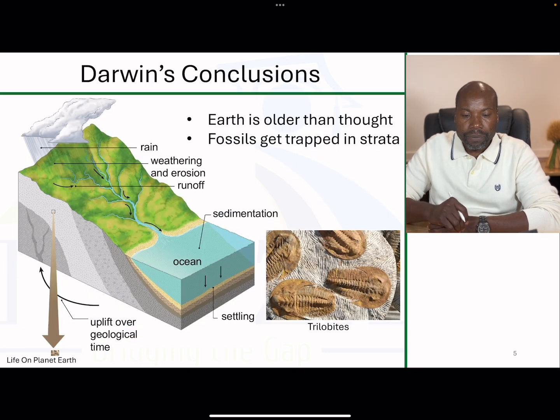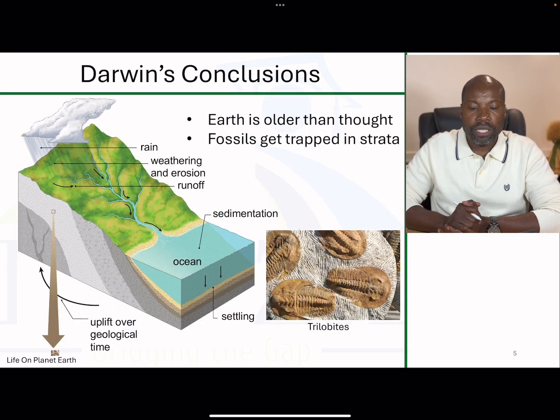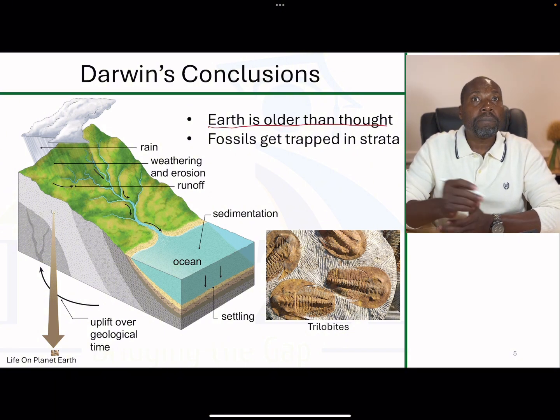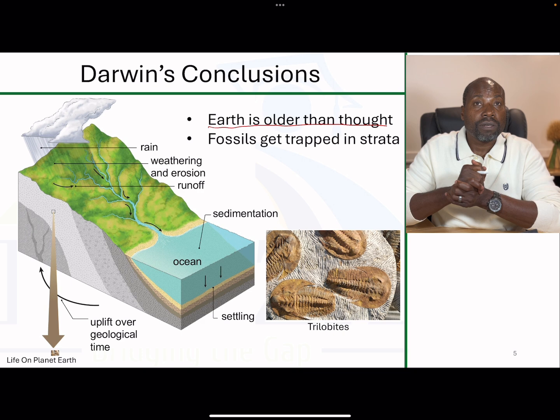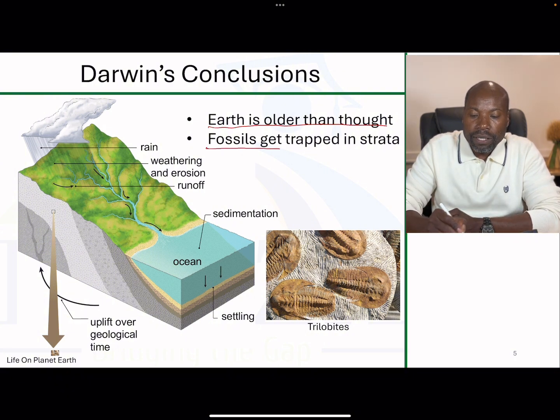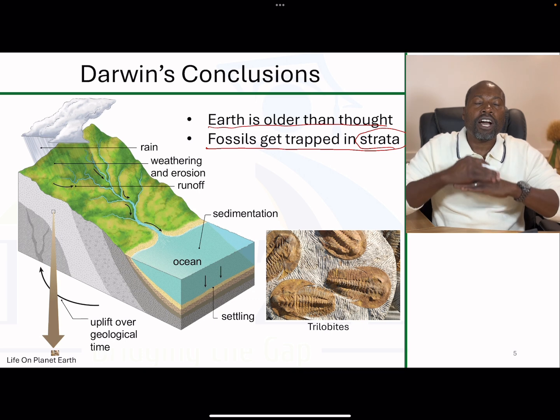All right. So Darwin's conclusion was that, well, the Earth is much older than people thought it was, right? Based on the work geologists had done, right? And now we know that fossils can get trapped in the layers, in the crust of the Earth.